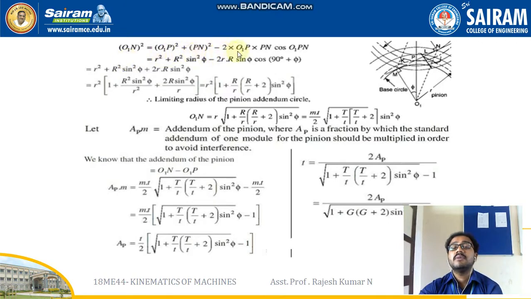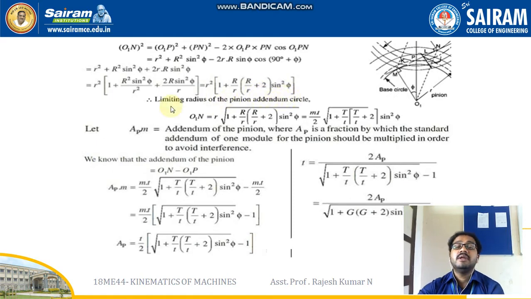plus PN whole square minus 2 into O1P into PN cos O1PN, which is equal to small r square plus capital R square sin square phi minus 2r into capital R sin phi cos 90 degree plus phi. So which is equal to r square plus r square sin square phi plus 2r capital R sin square phi. So the final equation will be r square into 1 plus capital R by small r into capital R by small r plus 2 into sin square phi.